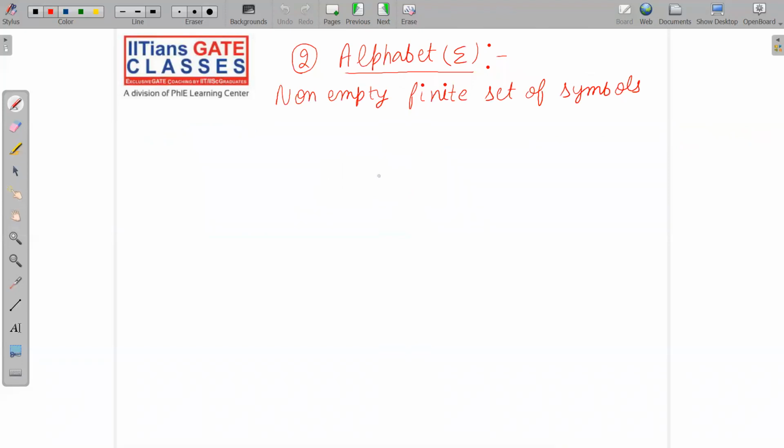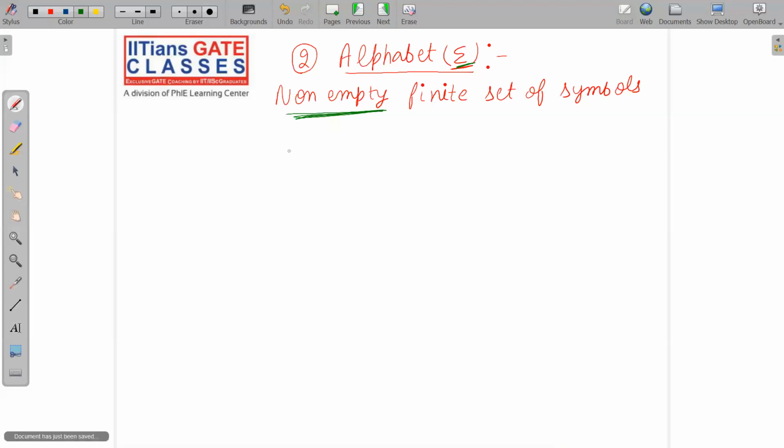Next is alphabet. Alphabet is represented by sigma. The alphabet is nothing but a non-empty finite set of symbols. See, terms are very, very important in this subject. If you are able to grasp each and every term, then this subject will be very easy for you. Otherwise, you will face lots of difficulty.